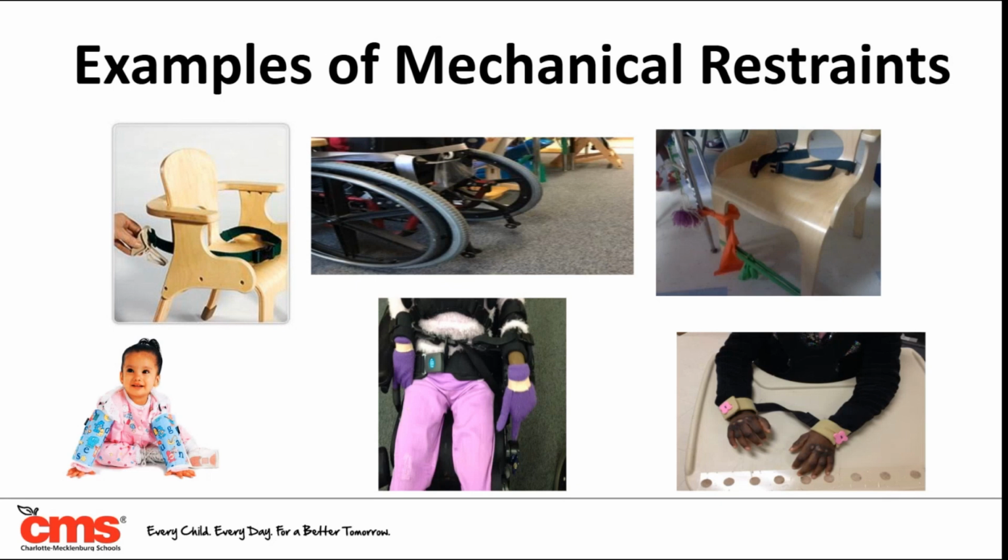When we get into mechanical restraints like this, there are so many different hypotheticals, which is why it's so important to come to your occupational therapist or your physical therapist with the problem and let them be the experts in finding the solution. They know about a variety of mechanical restraints and the escalation that you need to follow in order to meet or reach a certain mechanical restraint.